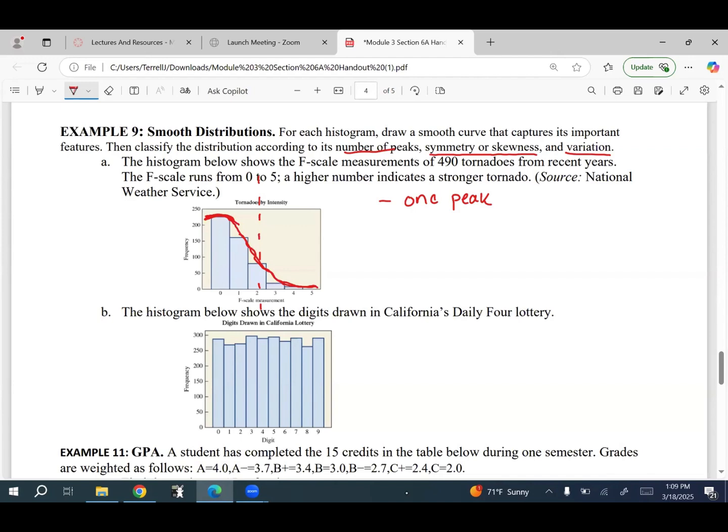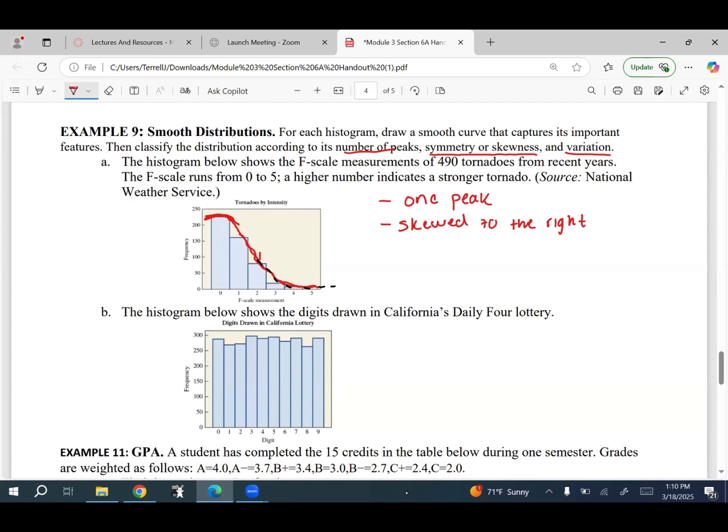And how do I figure what direction it's skewed? Whichever side has the longer tail. So if you see here, this right side kind of extends like that. So we would say this is skewed to the right. It has a longer right tail.